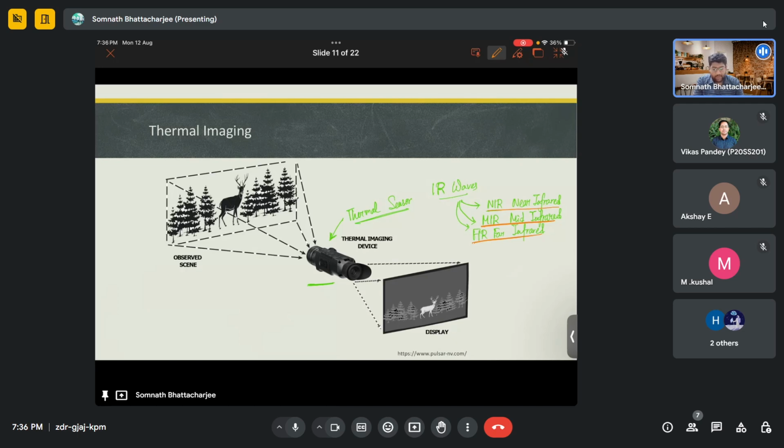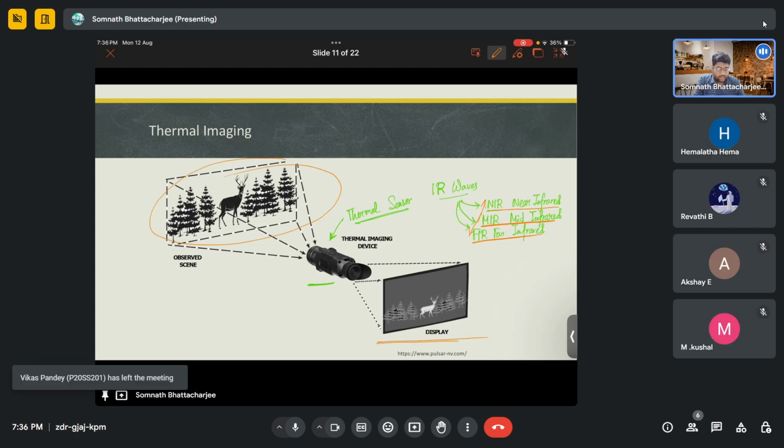So if we look at this image, we are detecting this MIR, FIR and NIR. Using those, we can plot an image like this, which shows the temperature of the animal. You can clearly see that this is the basic temperature of the environment, whereas there is a slightly reduced temperature in the case of the trees, because the stems of the trees are a bit colder than the environment.